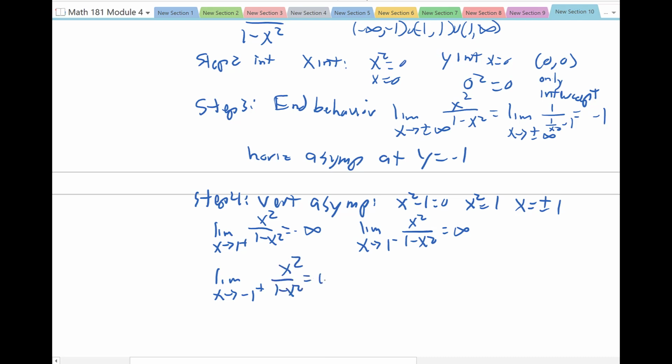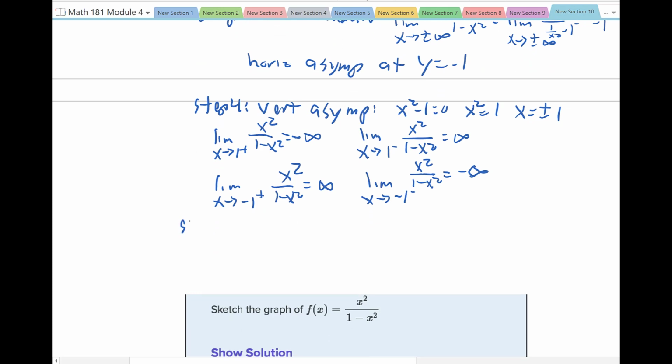That's going to be positive infinity. And we look at the limit as x approaches negative 1 from the left side of x squared over 1 minus x squared, and that's going to be negative infinity. Okay, so that helps when we go to graph it.